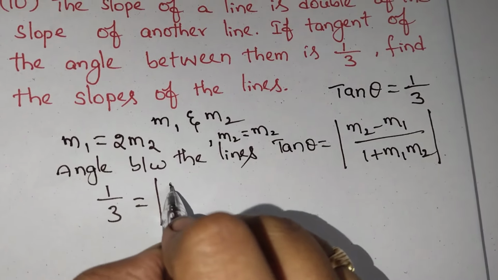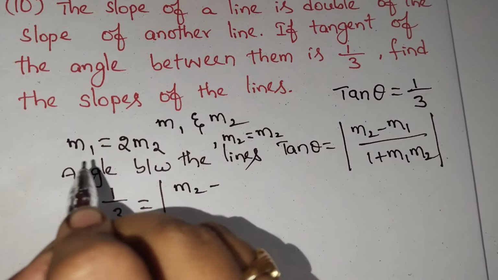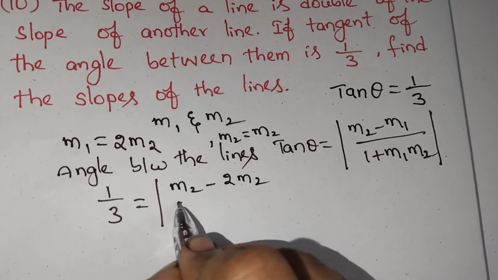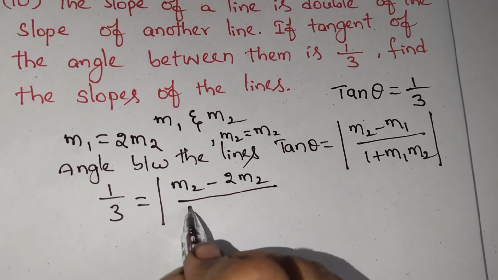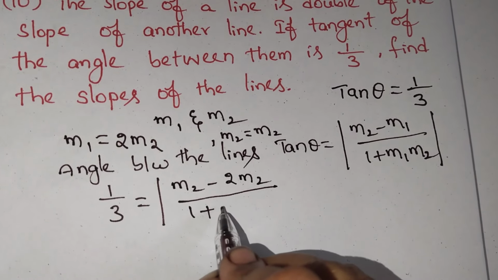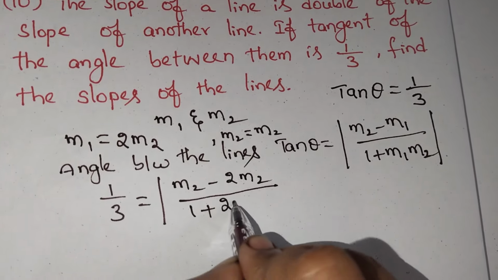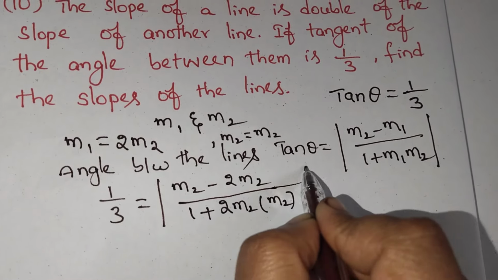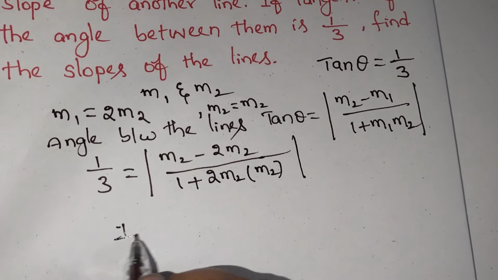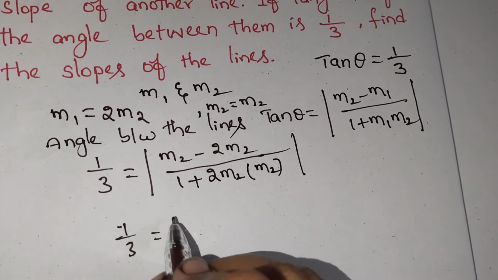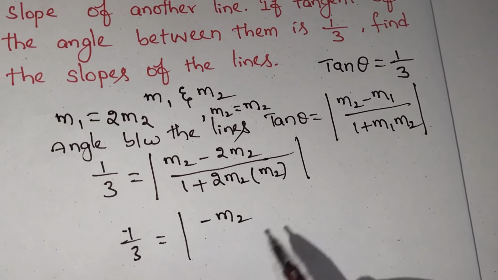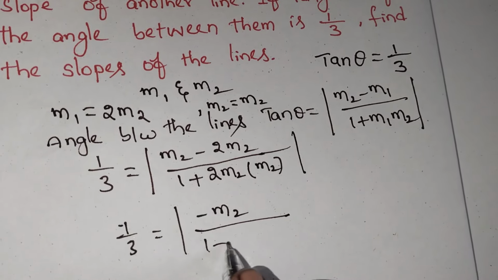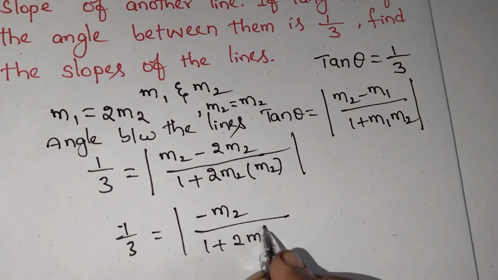So write m2 minus m1, what is it? m1 is 2 times m2, so m2 minus 2m2, that is m2, divided by 1 plus m1 m2, which is 2 m2 into m2, that is 1 plus 2m2 square.